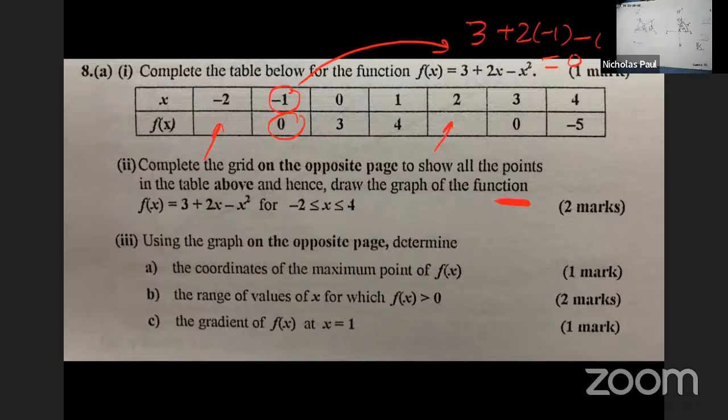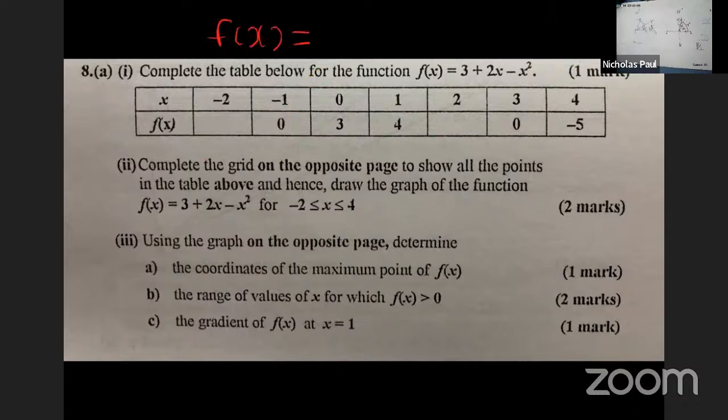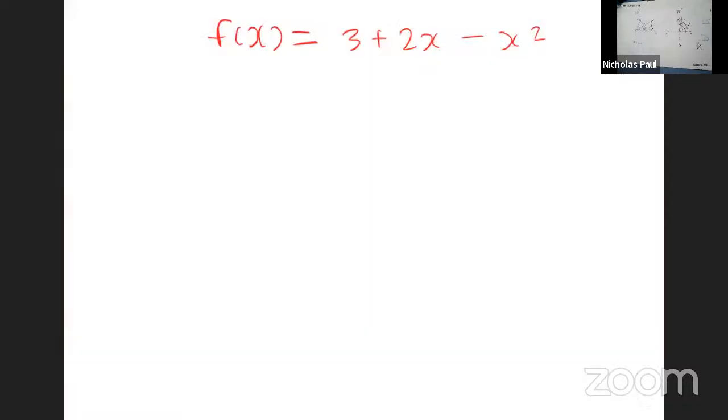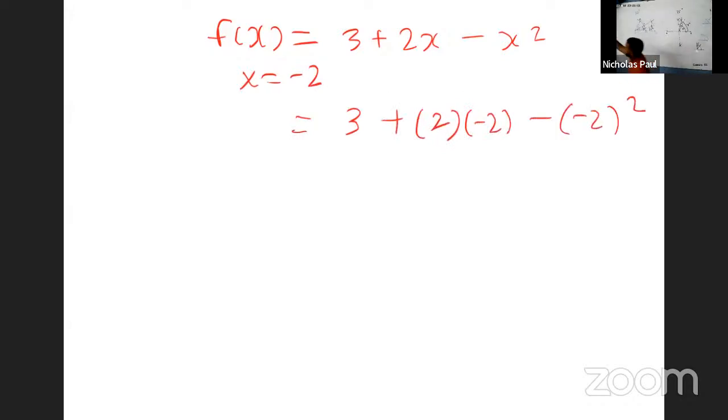All right, so I just want to make sure that we got the value correct, right? So you're plugging in x is -2. So you'll get 3 plus 2 by -2 minus -2 squared. I want you to pay attention to something there, right?